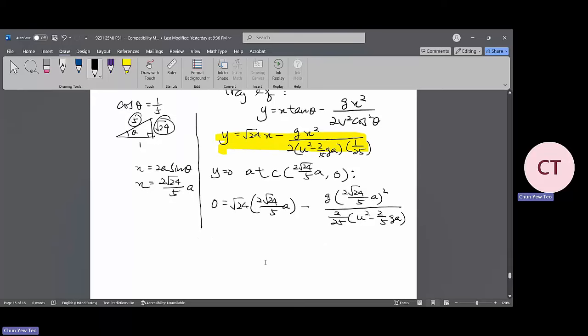So we just need to simplify it. You can get 48 over 5a equals 96 over 25 g a square divided by 2 over 25 u square minus 2 over 5 g a.